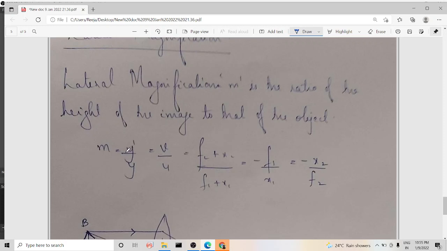If y dash represents the height of the image and y represents the height of the object, then magnification m is equal to y dash by y equal to v by u is equal to f2 plus x2 by f1 plus x1. That is equal to minus f1 by x1 equal to minus x2 by f2.